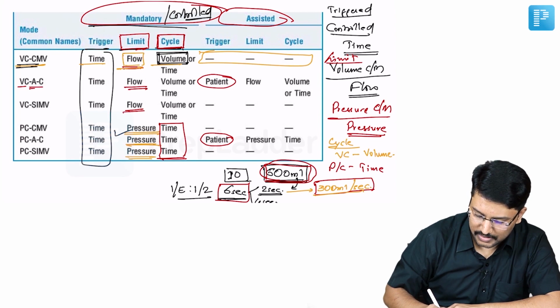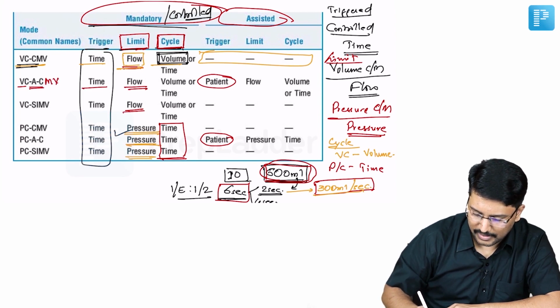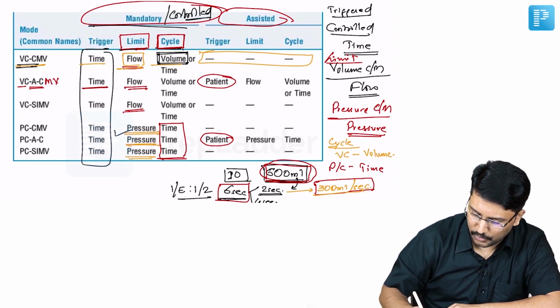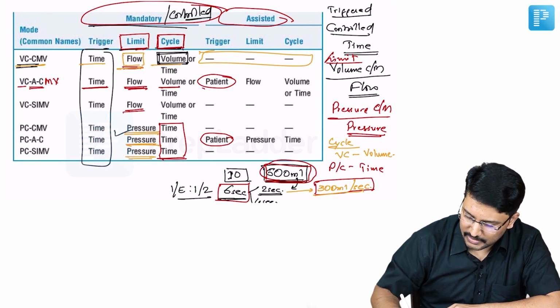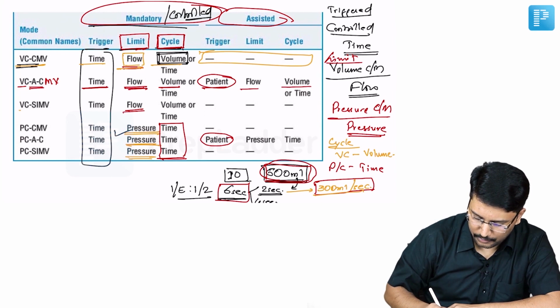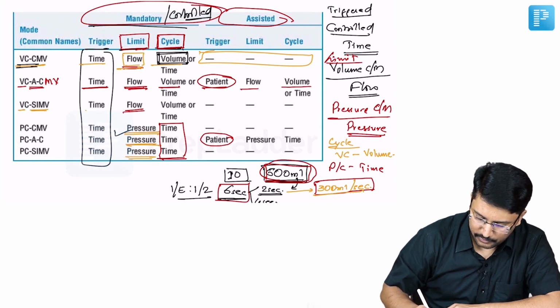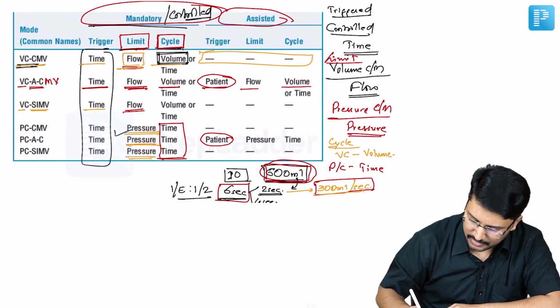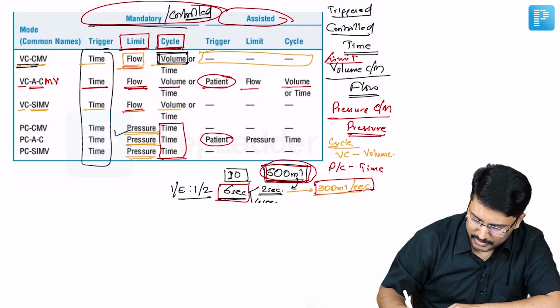In volume controlled assist control mode of ventilation, time is the trigger for controlled breaths, flow is the limit, and volume is the cycler. But for the assisted breaths, the patient is the trigger, flow is the limit, and volume is the cycler. Similarly, for volume controlled SIMV, for the controlled breaths, time is the trigger, flow is the limit, and volume is the cycler.